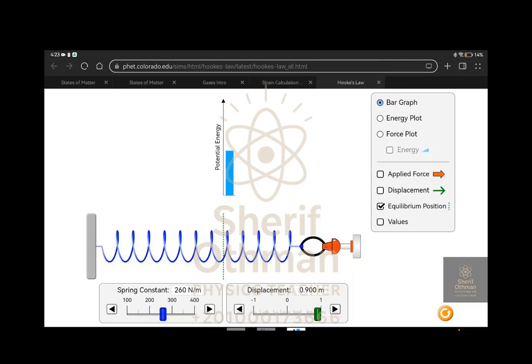So the spring constant is the constant which represents how much the spring resists its expansion. As the constant increases, that means the spring's resistance to expansion increases, and the amount of potential energy stored also increases.